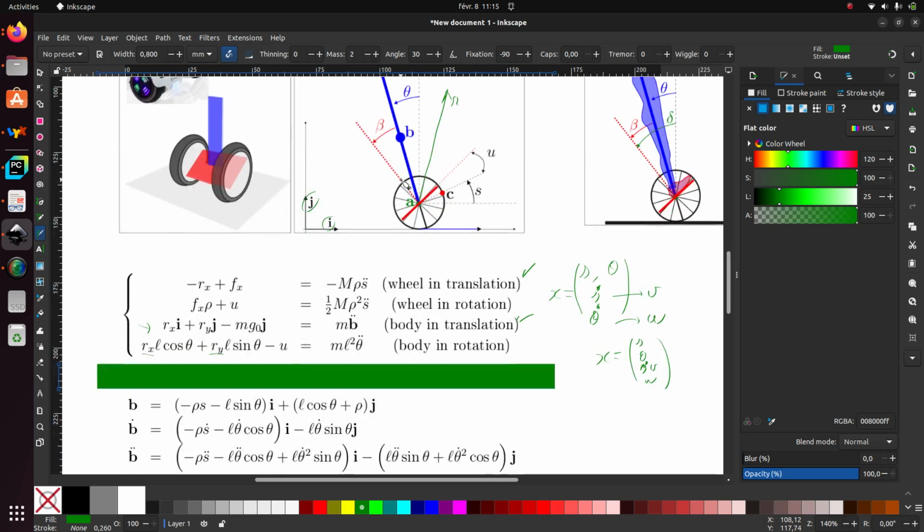Note that I need here B double dot. So I write B with respect to S, the degrees of freedom, and i and j. I will compute the derivative with respect to t, and I will have an expression for B dot and B double dot. So this one I can replace here.